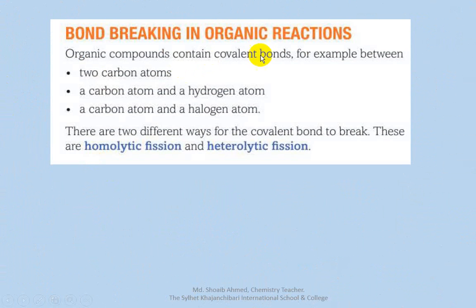Okay, bond breaking in organic reactions. Organic compounds contain covalent bonds, for example between two carbon atoms, or a carbon atom and a hydrogen atom, or a carbon atom and a halogen atom. These are sharing bonds, sharing a pair of electrons.